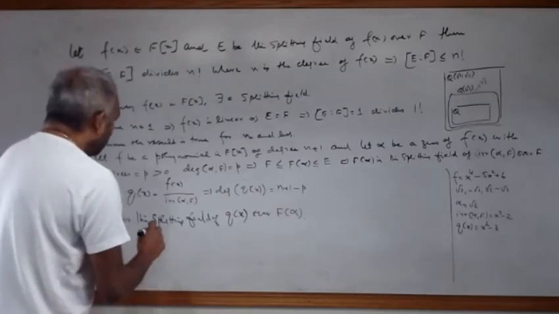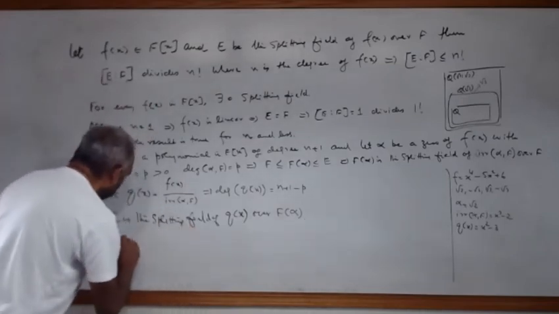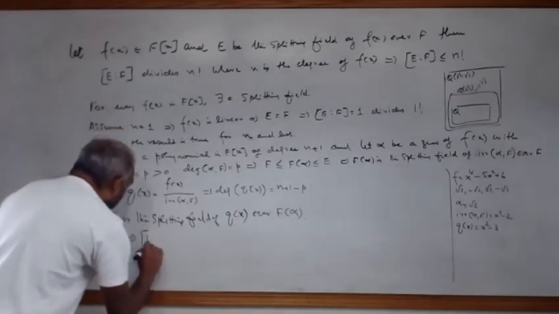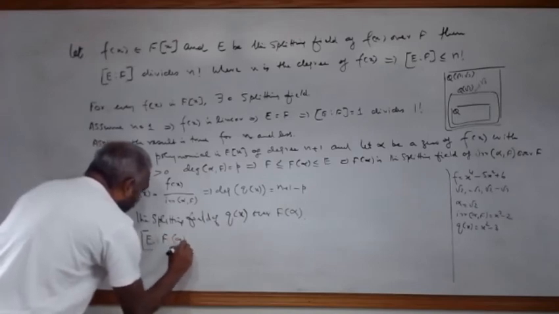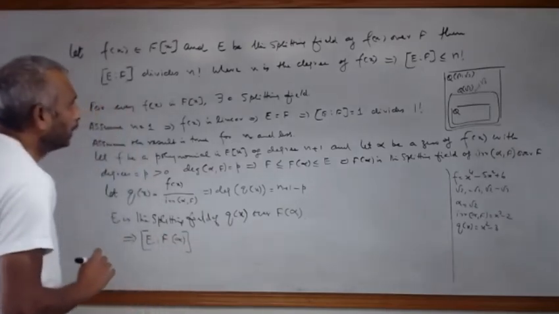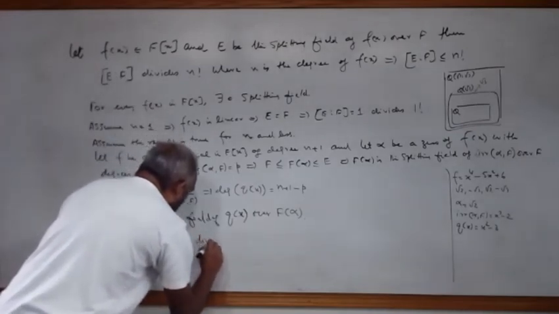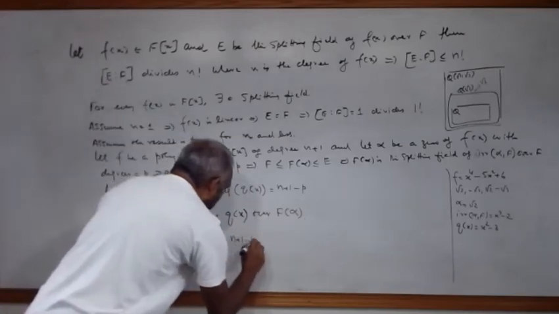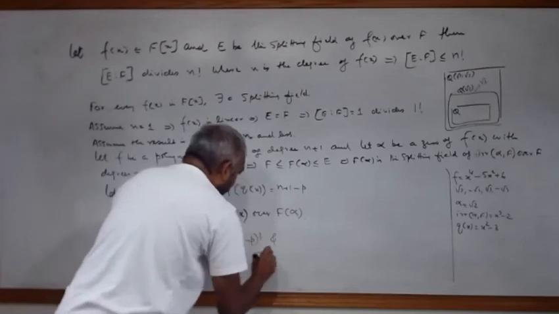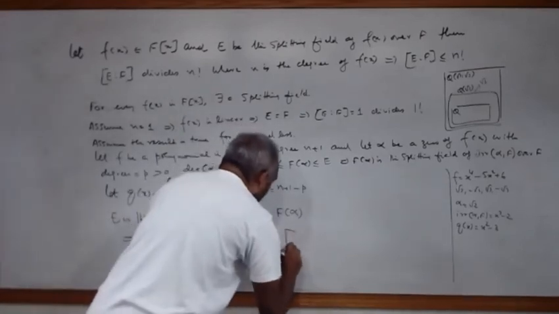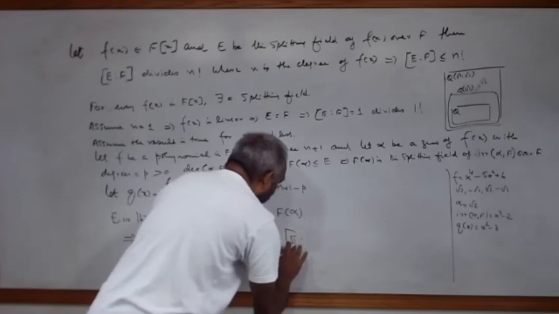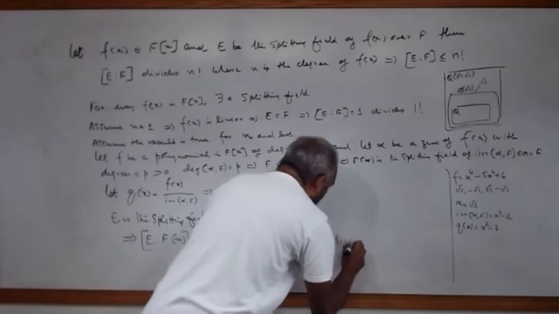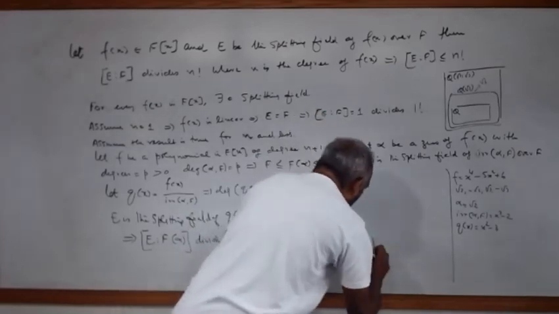So what does this mean? This means that [E:F(alpha)] divides n plus 1 minus p factorial and [F(alpha):F] divides p factorial.